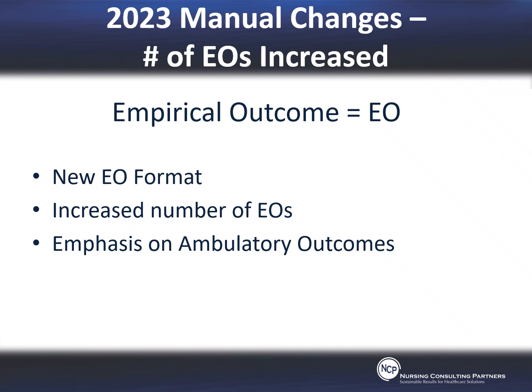So EO equals empirical outcomes. There are more to them. There's a small change in format, and there's an emphasis on ambulatory. Note that there's an entire section in the 2023 Magnet Manual on writing to the EOs. It starts on page 23. So look there and look often and follow. There's examples there.